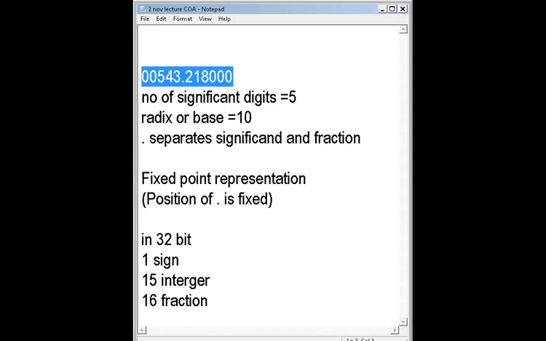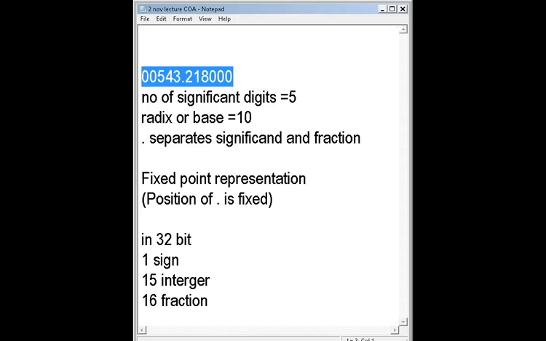The radix or base of this number is 10, and the point is a decimal point which separates the significant and the fraction. So 543 is called the significant, right?